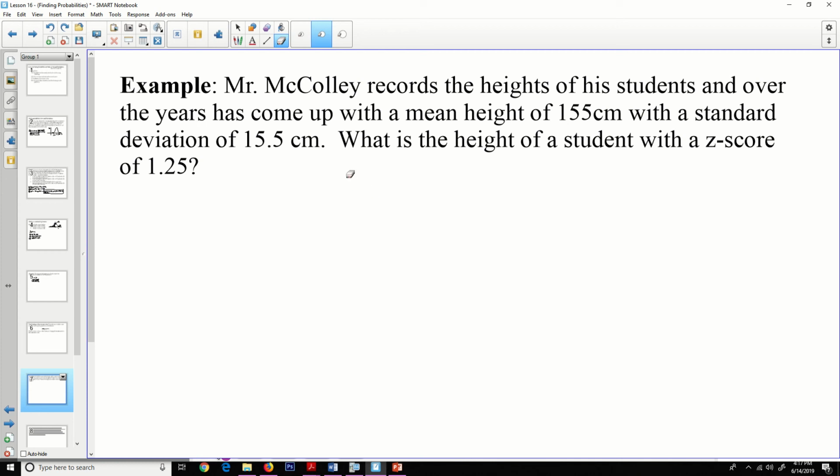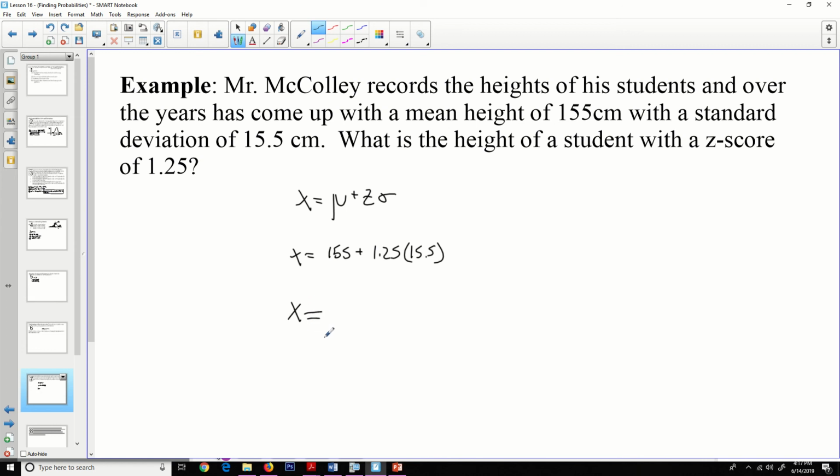Well, from the last page, x equals mu plus z sigma, and we know that the average height is 155, the z-score is 1.25, and the standard deviation is 15.5.